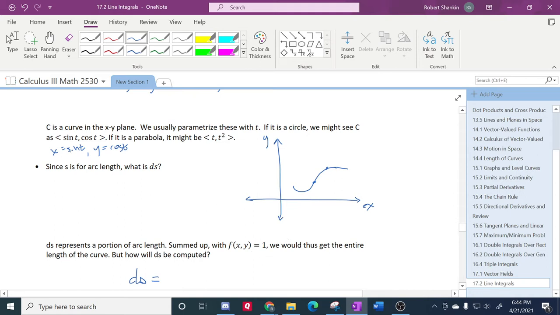So suppose x is sine of t, y is cosine t, ds would be what? We would take the parameters of both of those and then eliminate the parameter t, and we get back in terms of x and y.